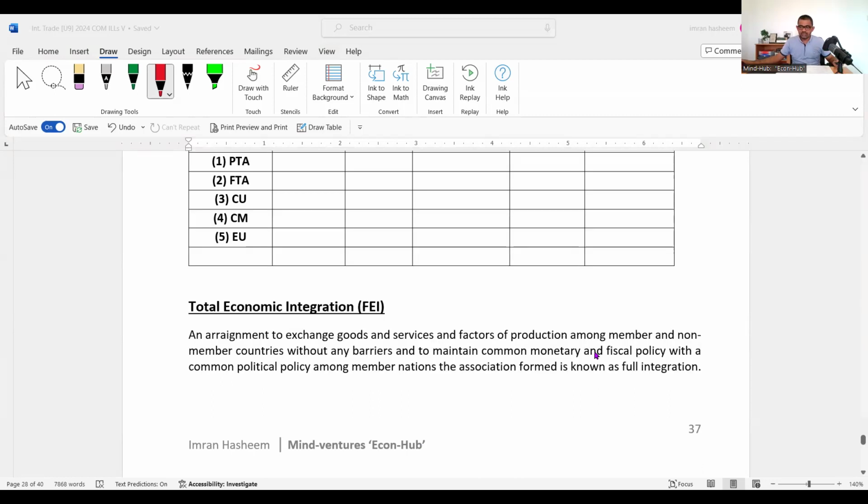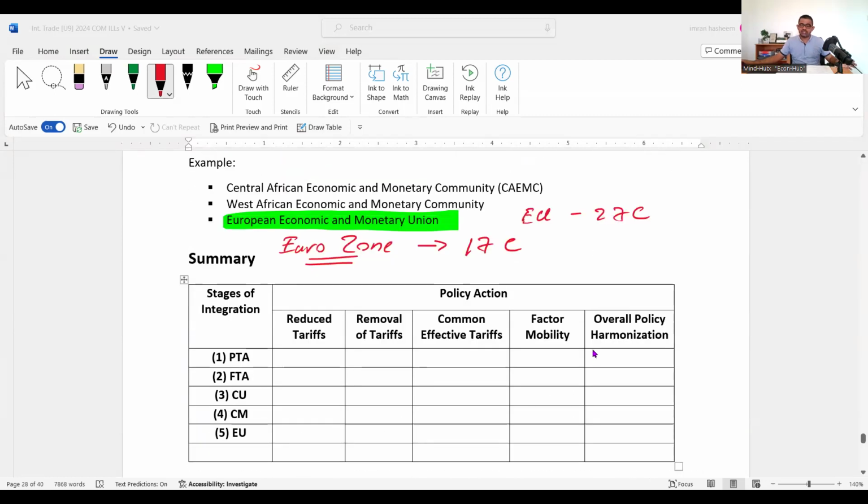Okay, in your professor's text, overall, the furthest we see practically in the world is economic integration, economic union, sorry.